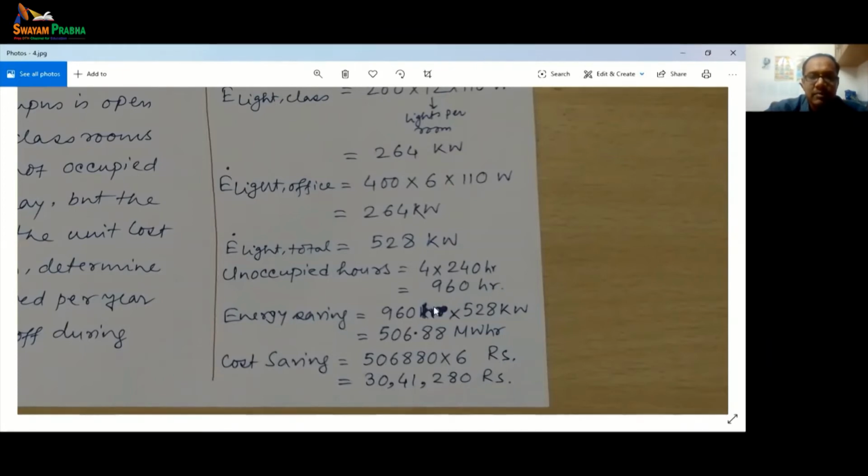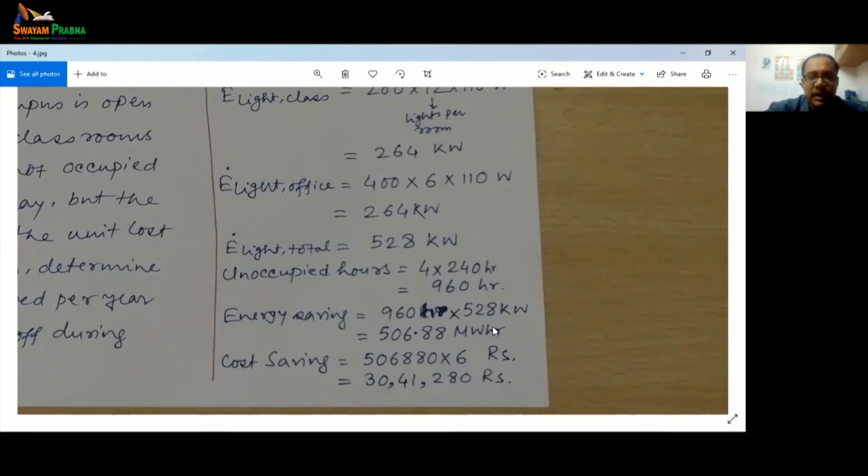You can save 528 kilowatts for 960 hours, so the total energy saving will be the multiplication of 960 hours and 528 kilowatts. That total comes out to be 506.88 megawatt hours. In kilowatt hours you get a very big number, that's why we have converted it into megawatt hours.